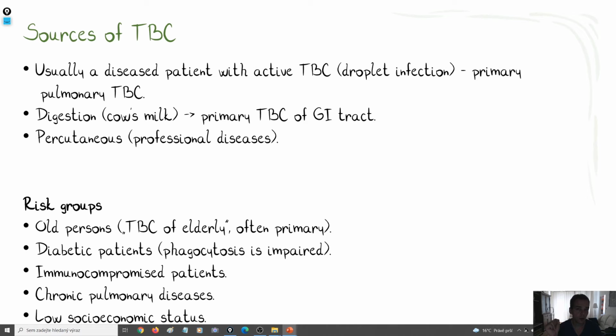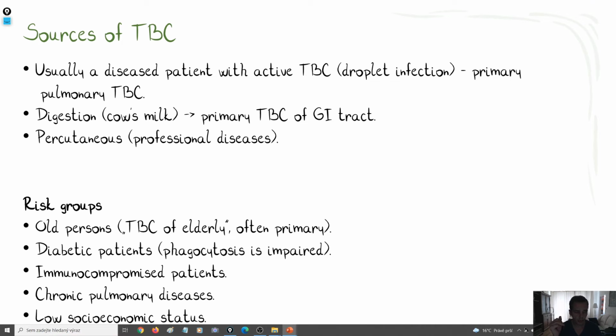Diabetic patients, because patients with diabetes are immunocompromised, as they have impaired phagocytosis. So diabetic patients are a risk group, as are any other patients with some sort of immunodeficiency, acquired or congenital.